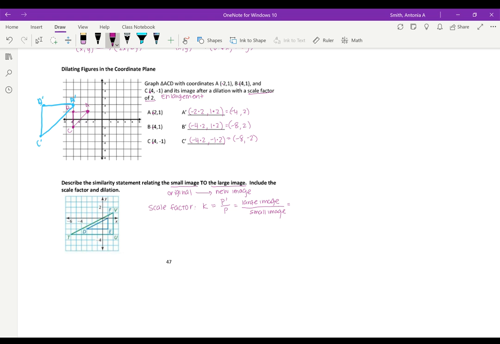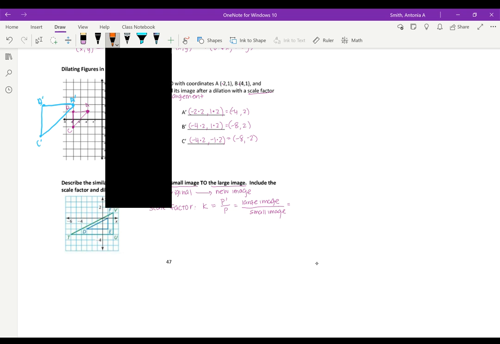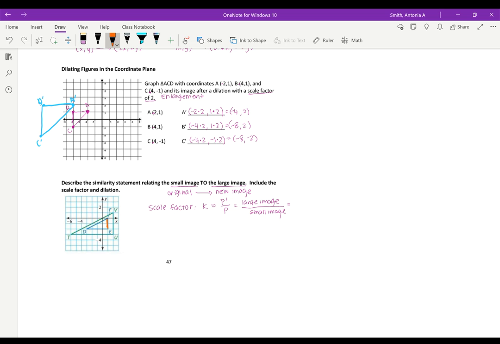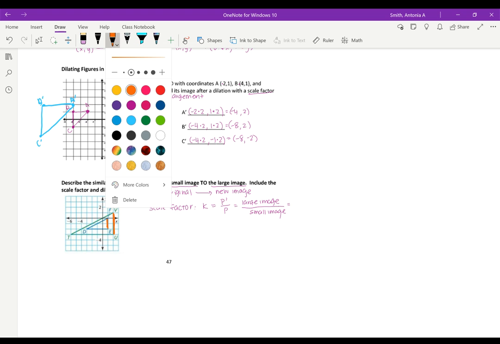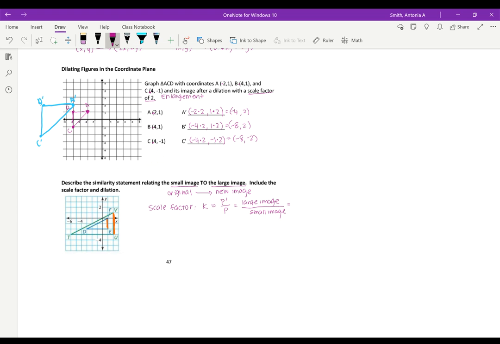They have 3 different sides we could create a ratio with, but honestly, I'm just going to pick, actually, let's do a different one. I'm just going to pick this side here and this side here. That's a matching set. So remember, on top of my fraction, I want to put the bigger image. So the bigger side is 1, 2, 3, 4 units, and the smaller side is 2 units. So 4 to 2, which is 2. So my scale factor is 2.